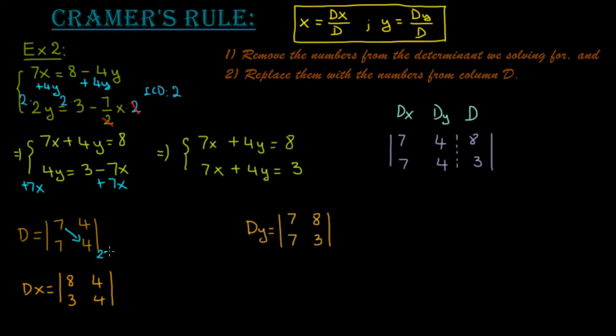So 7 times 4 is 28, and 7 times 4, another 28. And bottom subtract top, 28 minus 28 gives me 0. With Dx, we have 8 times 4 is 32, and 3 times 4 is 12, and bottom subtract top, 32 minus 12, which gives me 20.